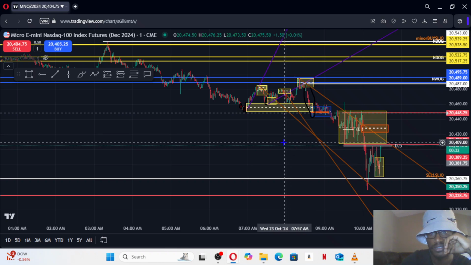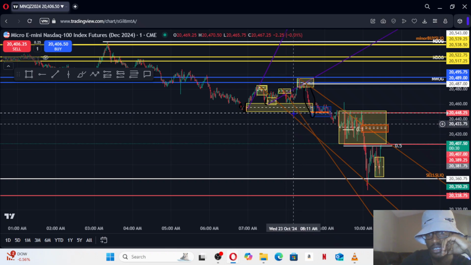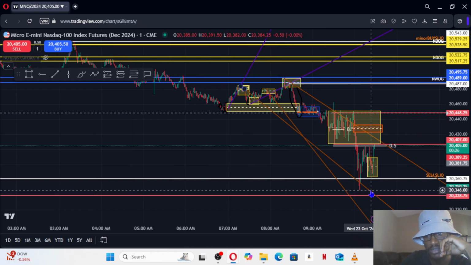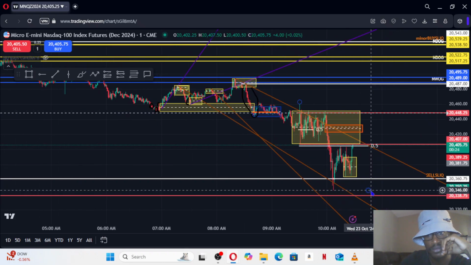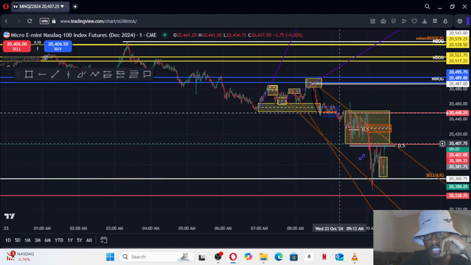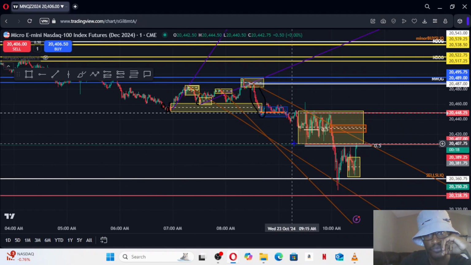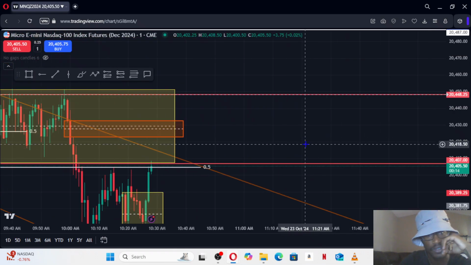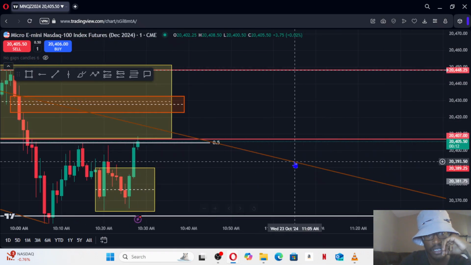Since 7 or since 8, really, sellers made money. All day sellers made money. So someone's likely to be stopped out on that side. Boom.